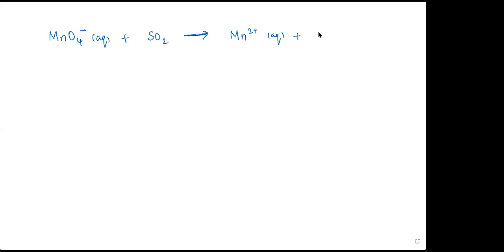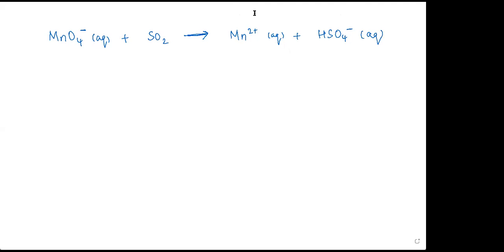It's literally HSO4 minus. This is an ion where SO4 2 minus has had one H plus added. Okay, so we've got our skeletal equation here.